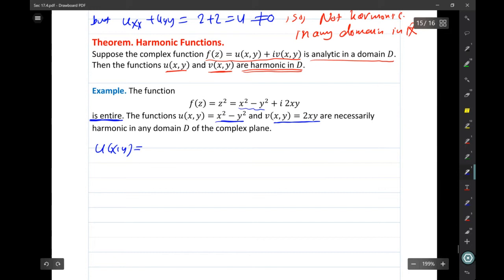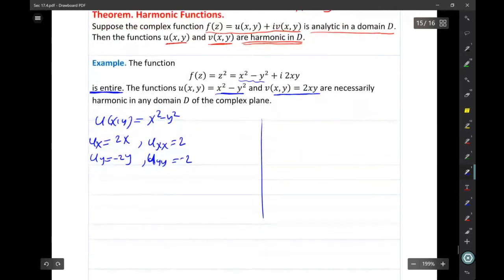When we say u of x, y is equal to x square minus y square, u sub x is 2x, u sub xx is 2, u sub y is minus 2y, u sub yy is minus 2.